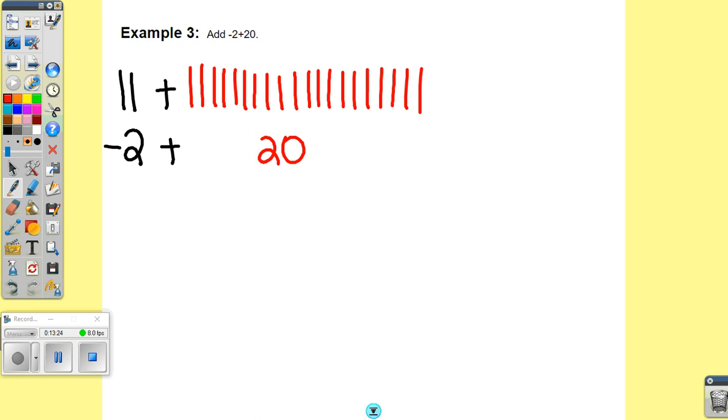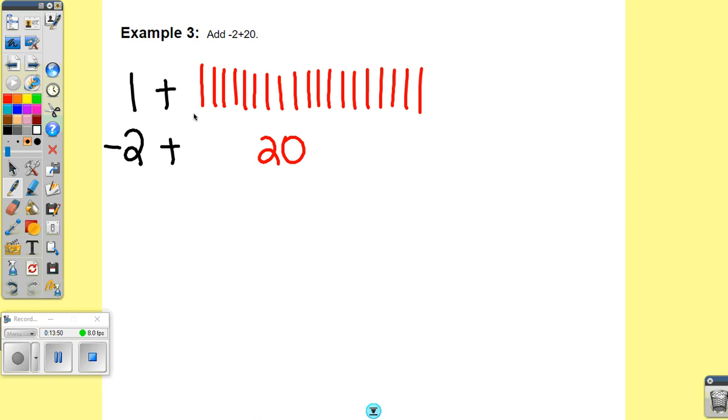Okay, so once again, we have a problem where there are some black popsicle sticks and some red. So there are things that can be canceled out because we know that negative 1 plus 1 is equal to 0. They cancel out. So I'm going to take one black popsicle stick off the table and one red popsicle stick off the table. Those cancel out.